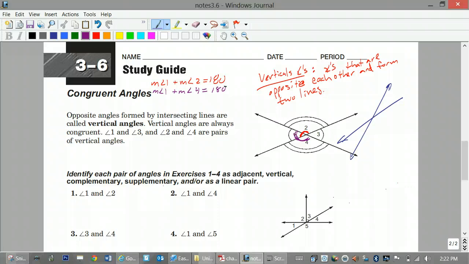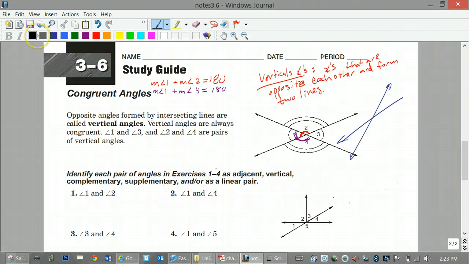Now, if we look at these two equations, the only thing that changes from one equation to the next is measure of angle 2 turns into measure of angle 4, and we get the same equation. You see that? So I'll do a little algebra on these to give you a little proof.